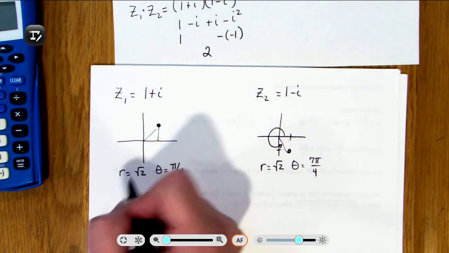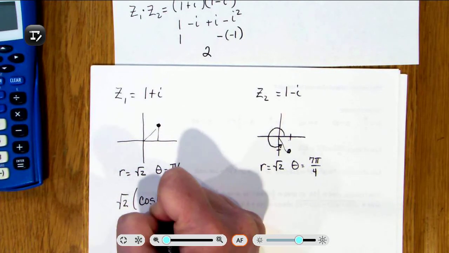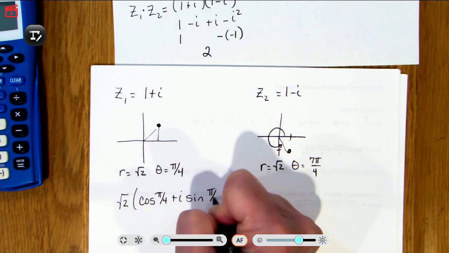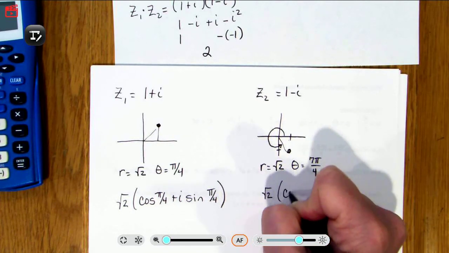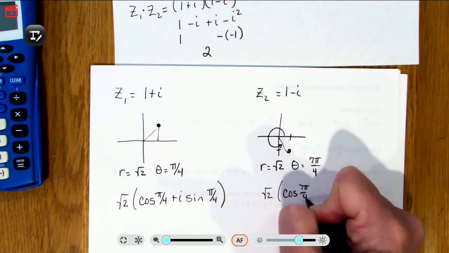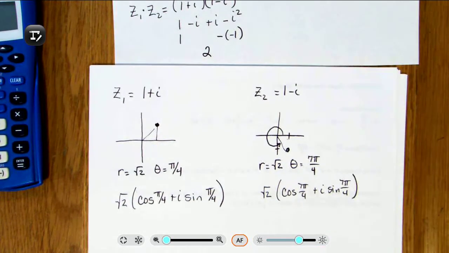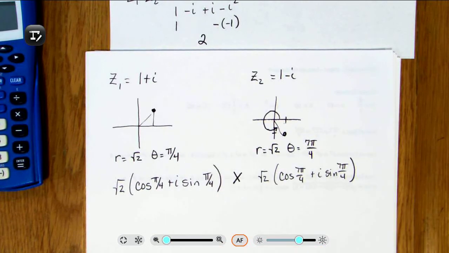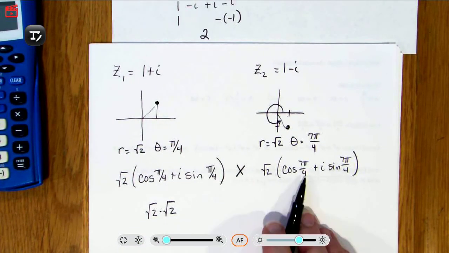So in polar form, this looks like the square root of 2 times cosine of pi over 4 plus i sine pi over 4. This one would be the square root of 2 times cosine 7 pi over 4 plus i sine 7 pi over 4. Now multiplying these together, the rule is we multiply the r's together, so we'll take the square root of 2 times the square root of 2, and we add those angles.